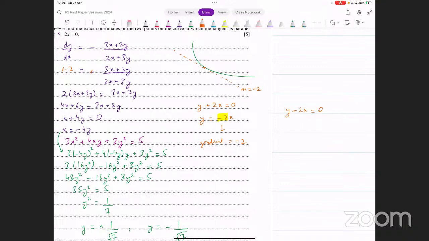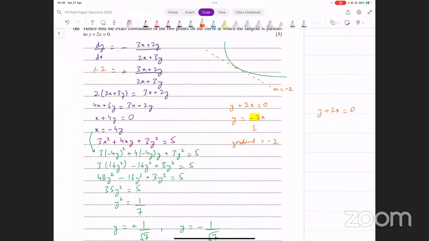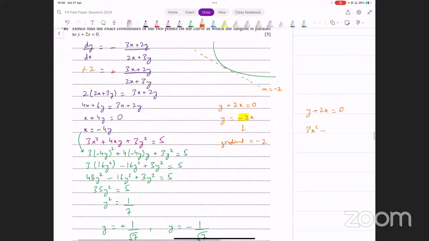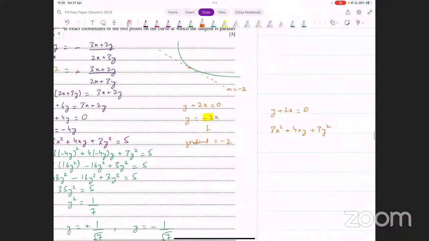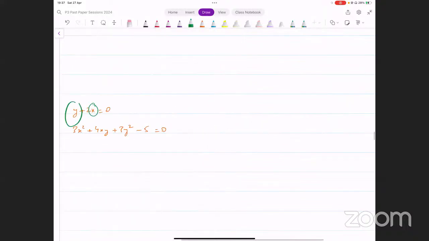And you're saying, since both of them are equal to 0, let's write the other one like this as well: 3x squared plus 4xy plus 3y squared minus 5 equals 0. You're saying equate both of them? Yes, sir. You can do that, but how is that going to help? You will get an equation that has both x and y. How would you solve that? You want to eliminate one of the variables. Only then you can solve the equation, right?